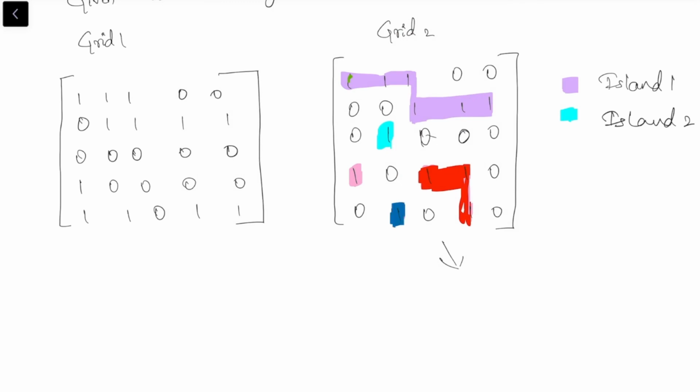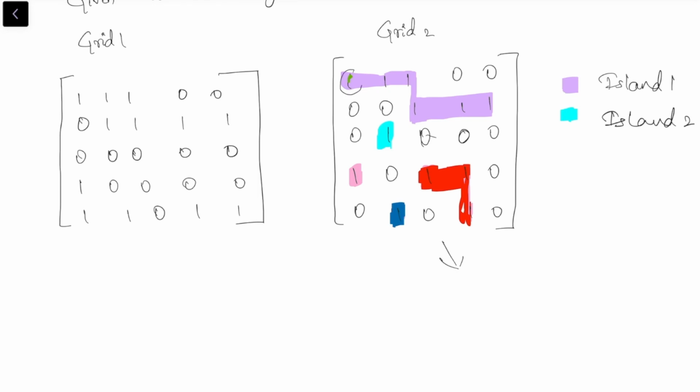Okay. These are all the islands which I have found. Among these islands, which are part of grid 1 as well? That means if you find island 1, the coordinates of grid 2 which are in the island should be land in grid 1. You're getting it right.